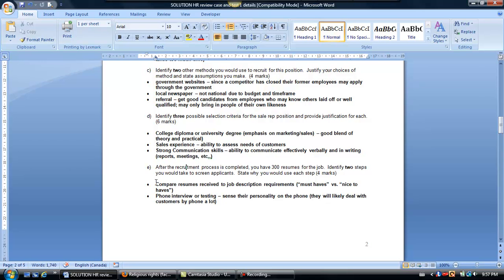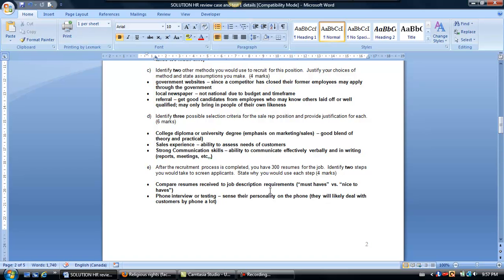Well, the first thing you would do is you would have to compare the resumes to the job description requirements. So you want to weigh out the must-haves, which your job description says you need to have, versus what the resume says that might be nice-to-haves. So again, you're looking here to find out, although these people may come to you with a lot of experience, what are the minimum requirements for the job?